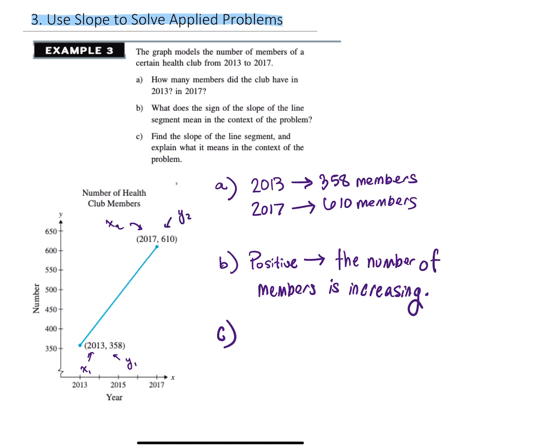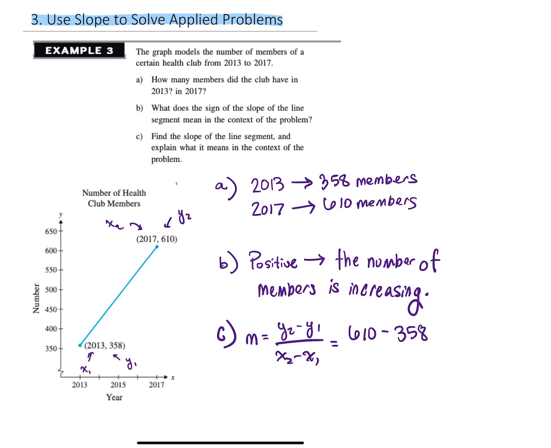So let's just follow the formula. I'll write it again here. y2 minus y1, change in y, over x2 minus x1, change in x. So y2 is 610 minus y1, which is 358.